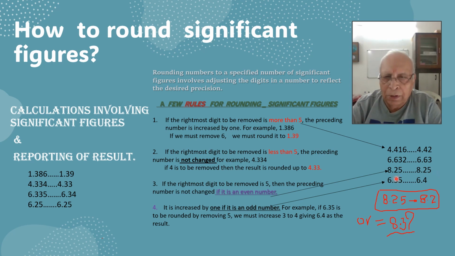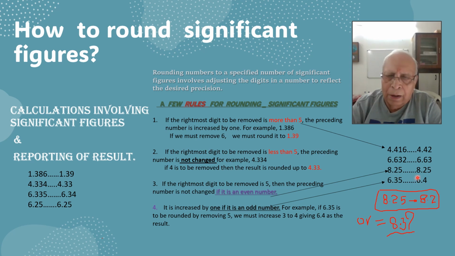Of course, again there is a question. We want to decrease the significant figures, but in this case we find that it is not being decreased as per rules. So we have to use and apply our own requirements.